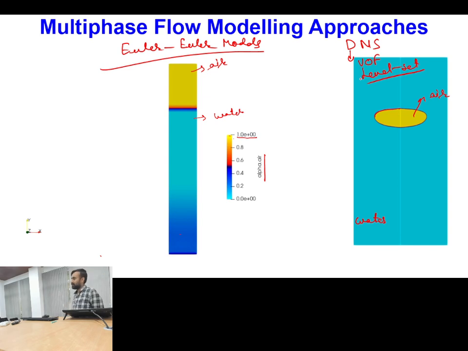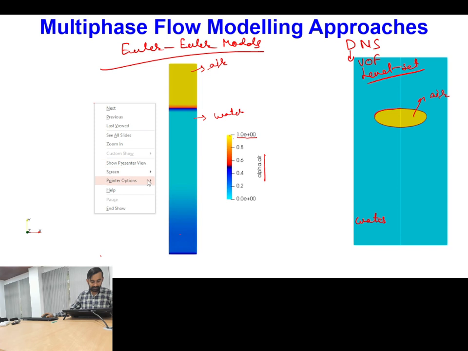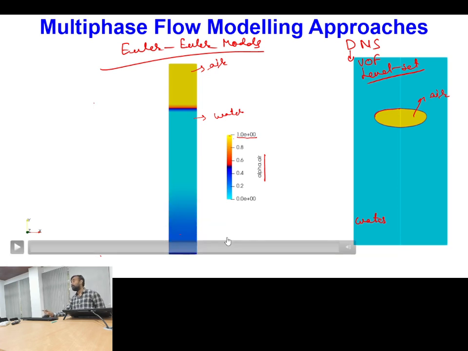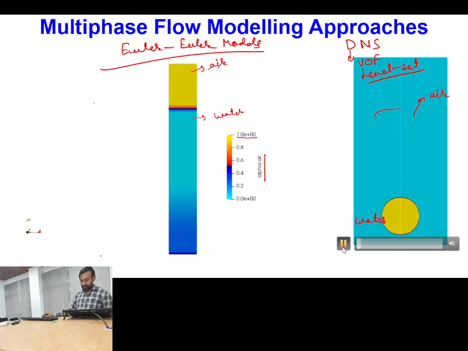Okay, is this one clear? So in case of the DNS approach, our interest was to look into the interface evolution. We are resolving the grid up to the scale so that my interface can be tracked properly. Once again you can see, this is an initial spherical bubble, its volume is large, because of which it is deforming, becoming elliptical, and then it is rising in the tube.